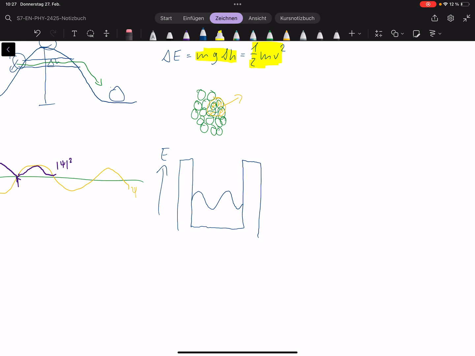But now what happens if we look at this mathematical model? The picture's not so good.